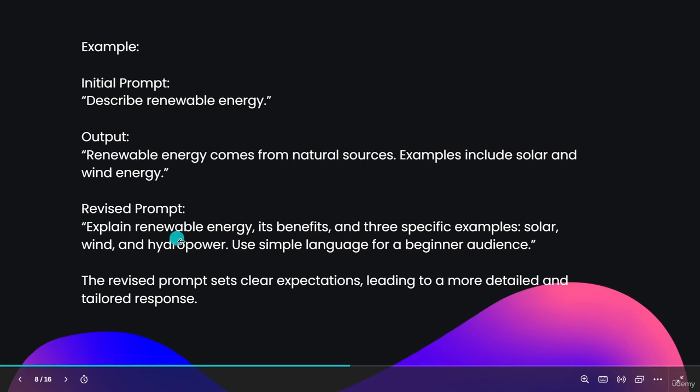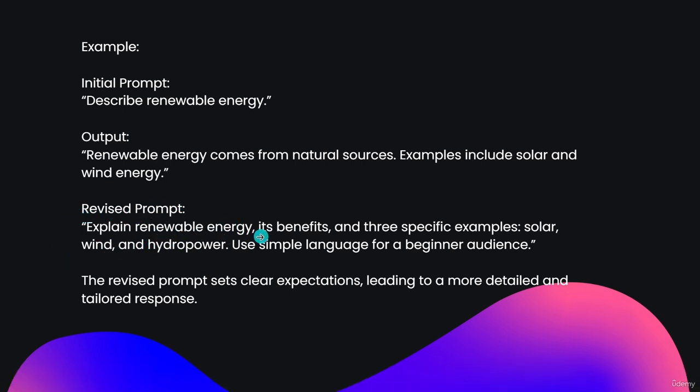Okay, I have revised the prompt: explain renewable energy, its benefits, and three specific examples: solar, wind, and hydropower. Use simple language for a beginner audience. See, this is a well-structured prompt. This is a revised prompt. Why? Because I analyzed an output which is good, but I don't understand it.